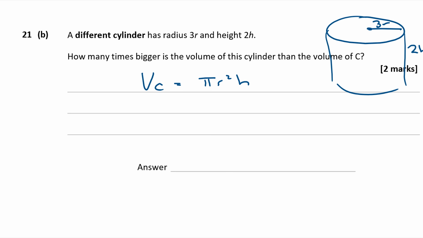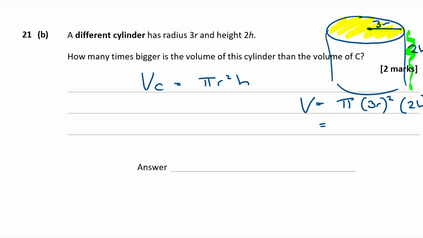So then its volume is going to be the area of the cross section, which is pi r squared, but r here is actually 3r, so it's going to be pi (3r) squared, and then we're going to times it by the height, but in this case the height is not h, it's 2h, like that.